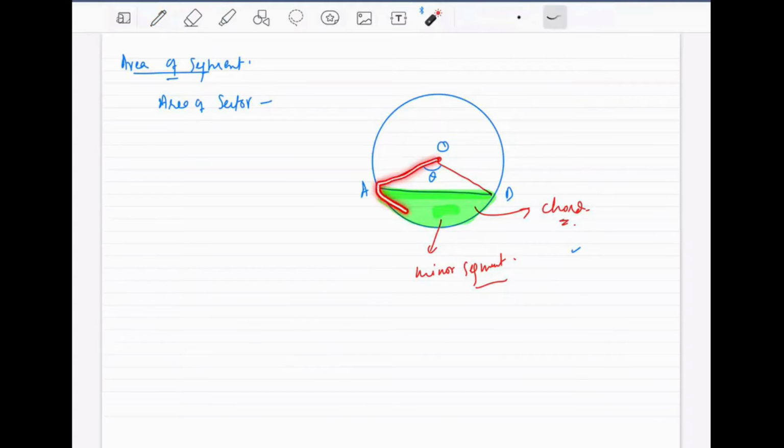What will we subtract from this whole portion? This is the area of the sector, what I'm writing right here. And we have to subtract this white part. The white part is what? From the area of the sector, we are going to subtract the area of triangle OAD.